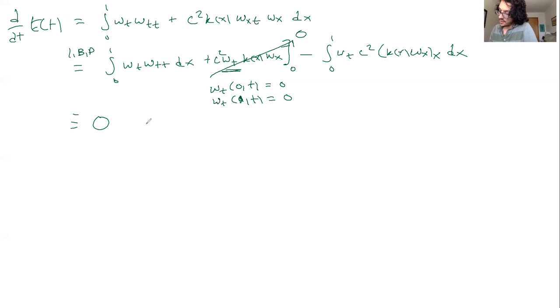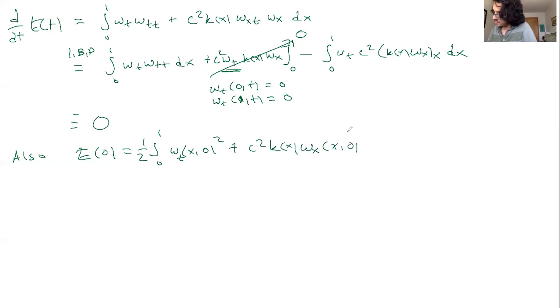So moreover, remember E of 0 is going to be equal to the integral from 0 up to 1, the half out front, of W_t of x,0 squared, which is 0, plus c squared k of x W_x of x,0 squared dx.